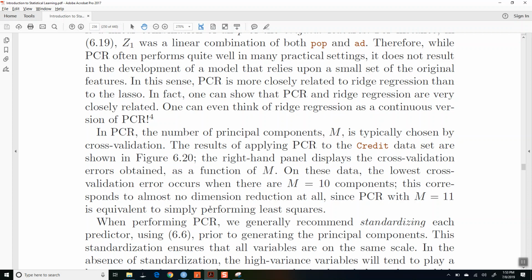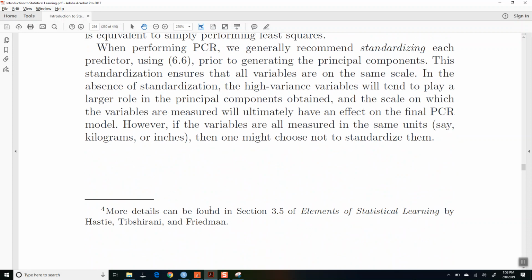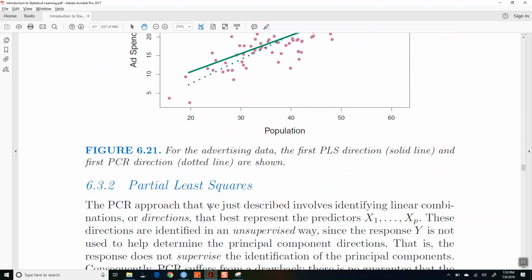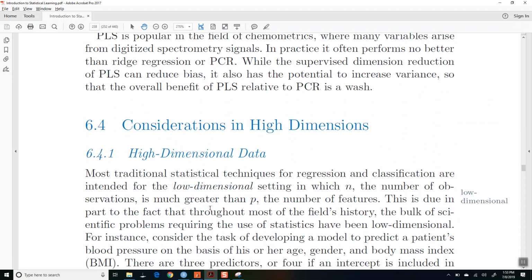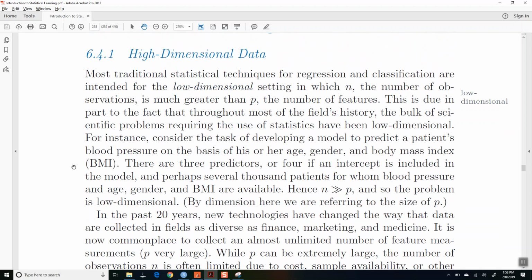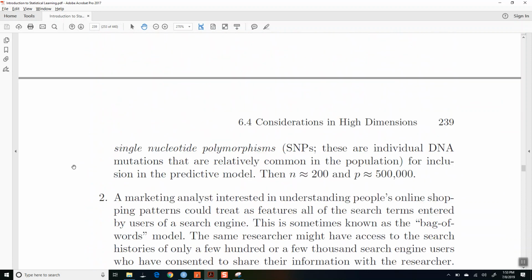So principal components regression basically says, take the variables you have, do principal components analysis to reduce the number of variables you have, and then do linear regression, okay? And that's what basically all of this stuff says.